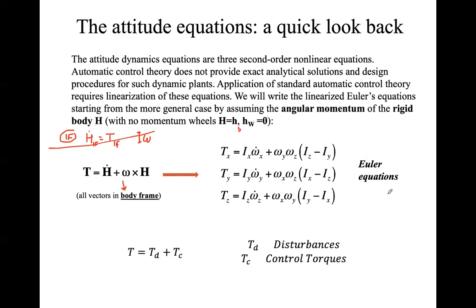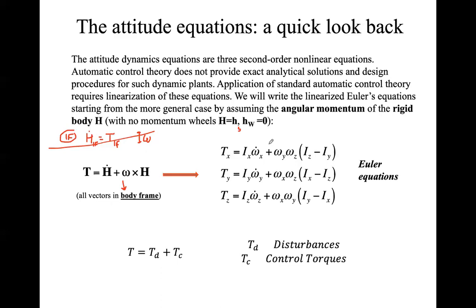Those are the Euler equations, because if you write it in this way, you know that the tensor of inertia will be a diagonal matrix with the diagonal equal to the principal moments of inertia of the spacecraft. So you can make this form explicit in these three equations.